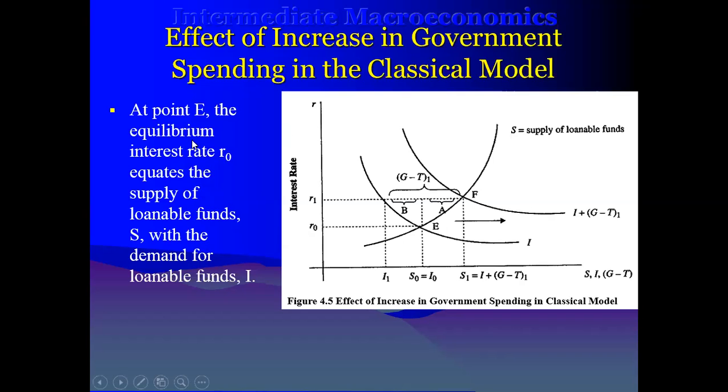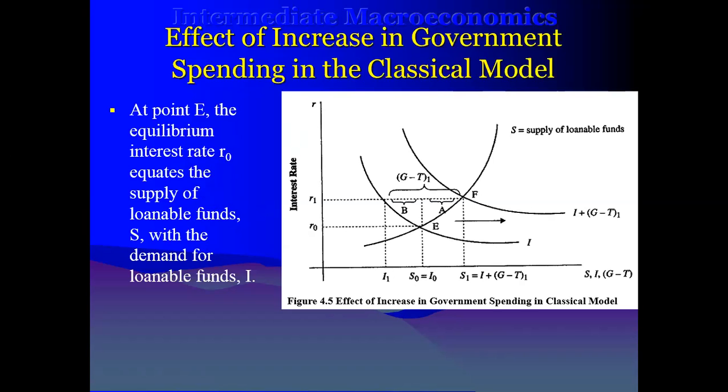Now, what we are talking about here is the loanable funds market, the market where people send their idle money to lend, and those who desire to borrow go there to borrow funds for their investment.